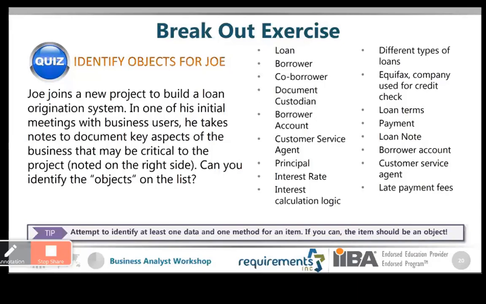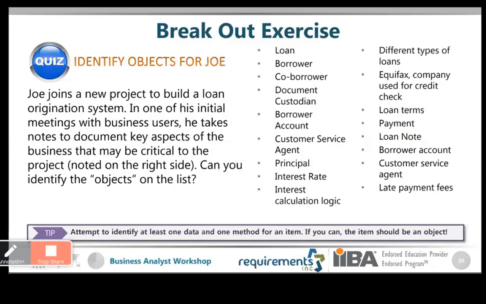So document custodian has the company name, company address, what kind of documents they are licensed to hold, their disaster prevention policy. There's tons of data around them. And their function is obvious: they act as a custodian to the documents, take care of the documents. Okay, correct. So that is an object as well.